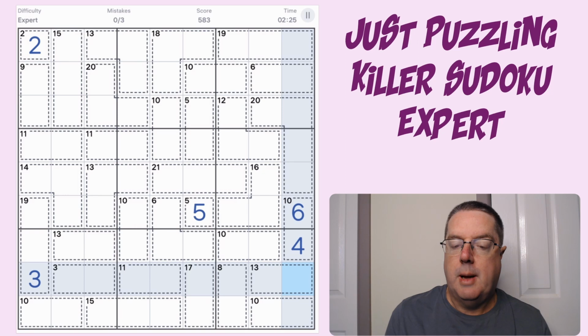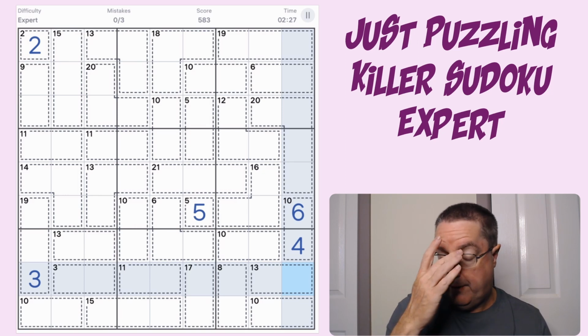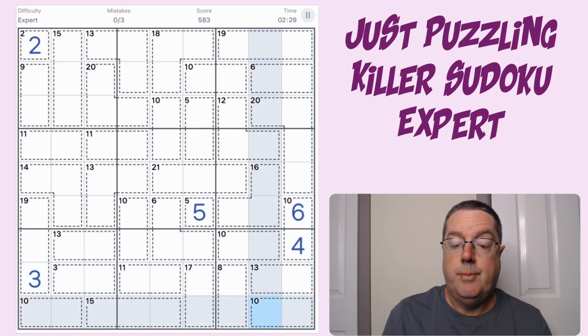So there's a couple of things we've got to be mindful of here. 5 can't be in these boxes, so 5 can only be here. And what we've said here is that's either a 2 or 1, so that's a 7 and 6. So 5 is going to be in here, which means that's an 8, which means that has to be a 2 because the 8 can't be in any one of that.